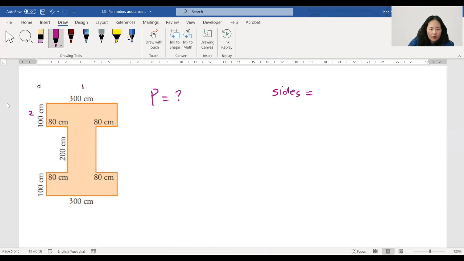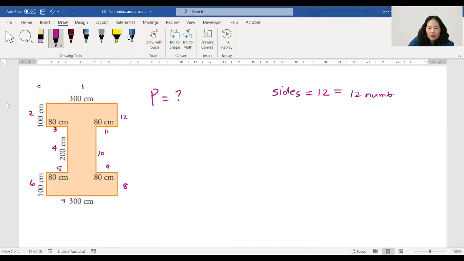Now, don't forget this. 3, 4, 5, 6, 7, 8, 9, 10, 11, 12. You've got 12 sides. So that means 12 values, 12 numbers you need.